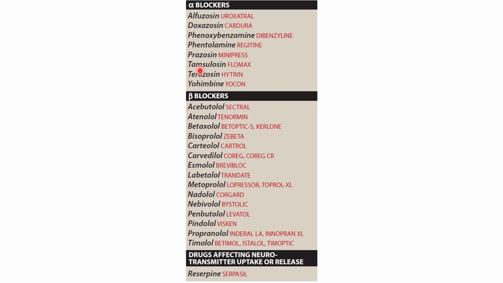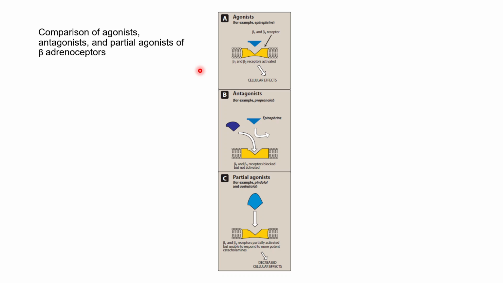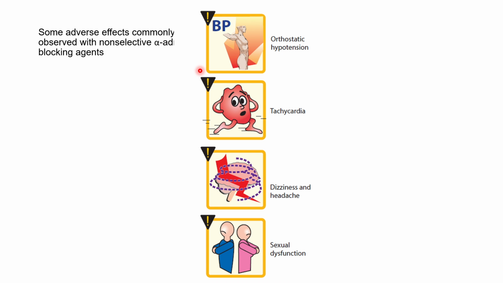But they still have adverse effects, and the adverse effects are actually the same as for the non-selective ones. They may lead to nasal congestion, dizziness, headache, and also orthostatic hypotension.